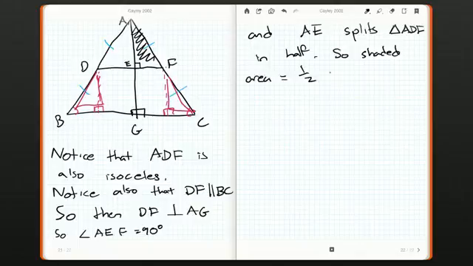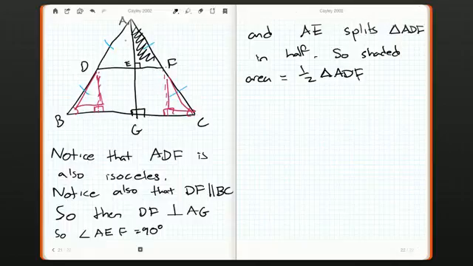So our shaded area is 1/2 of triangle ADF. So we changed it from, we don't quite have the ratio of our shaded area to ABC, but we're working on it. We have this smaller triangle ADF.